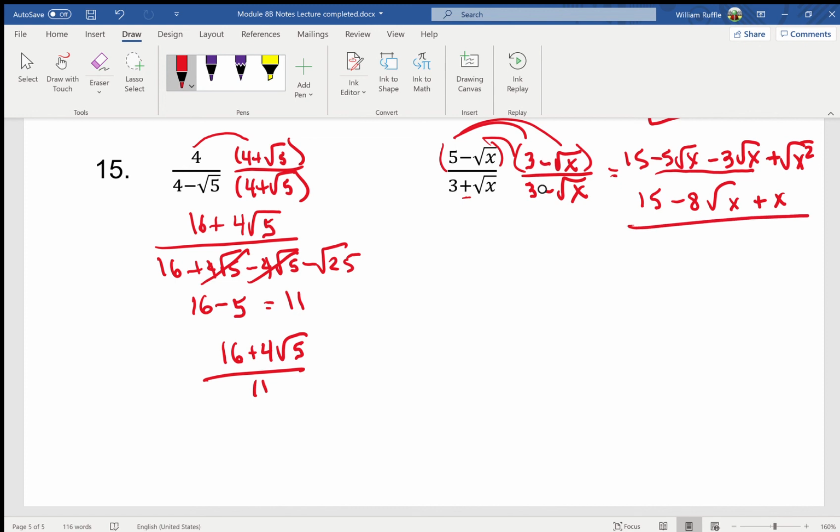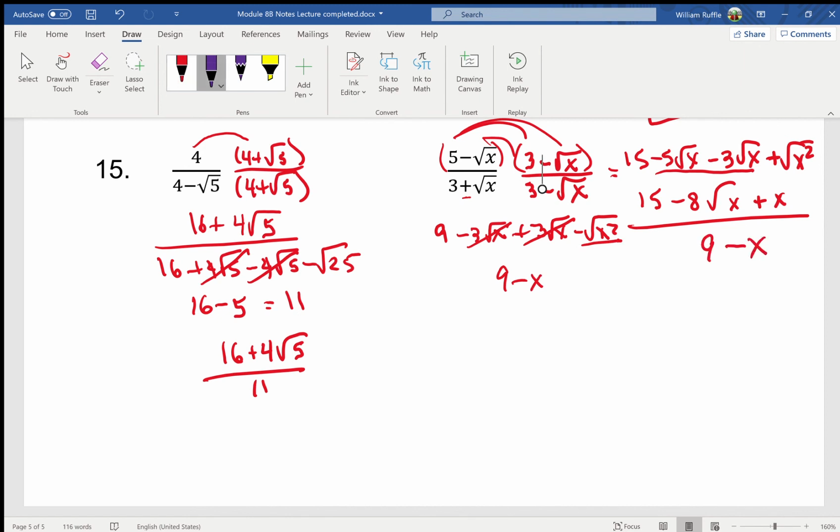My denominator. 3 times 3 is 9. And then I get minus 3 root x plus 3 root x minus the square root of x squared. Negative 3 root x plus 3 root x goes away. This is really 9 minus the square root of x squared is x. So my bottom is 9 minus x.